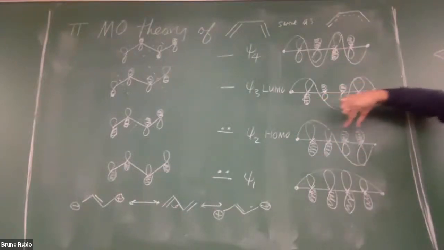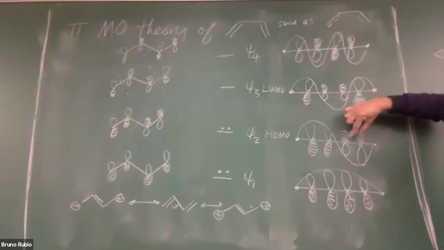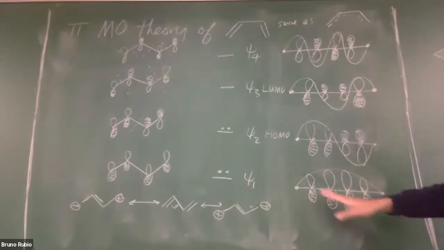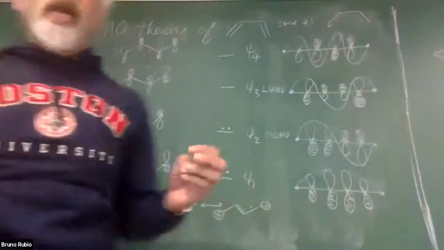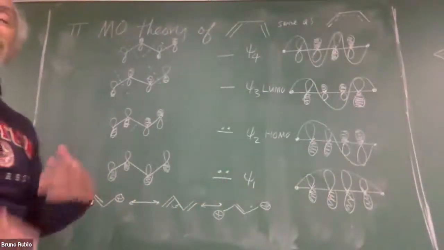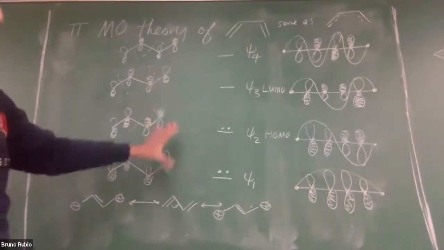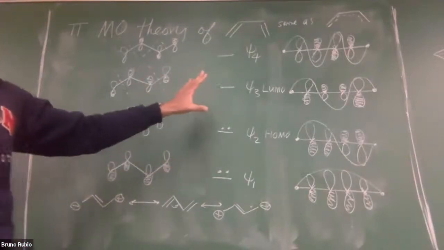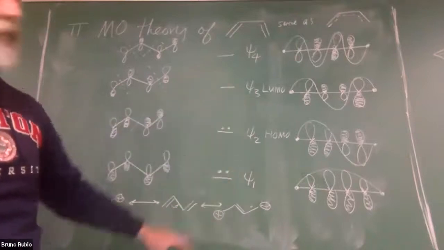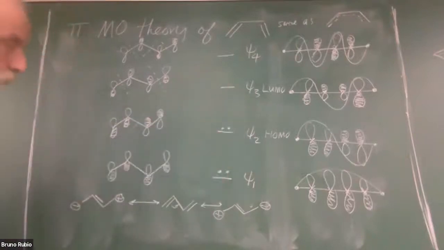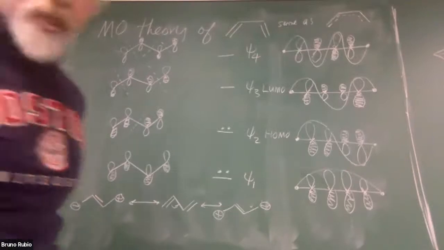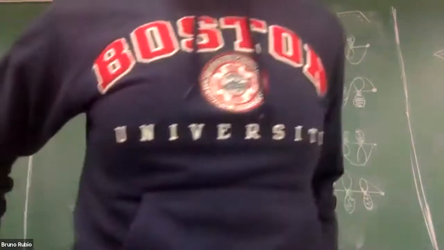You have a high interaction on the left and high interaction on the right. So the molecular orbital theory and resonance are equivalent statements of the very same thing. It's just that the language is different. In the molecular orbital theory, we're drawing these orbitals, and in resonance, we're drawing Lewis structures.